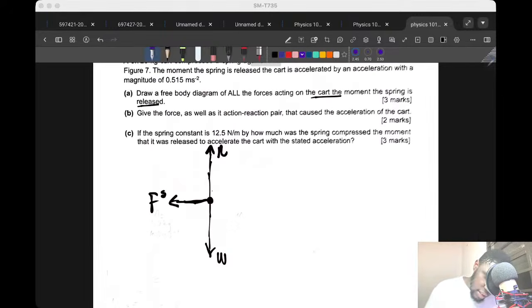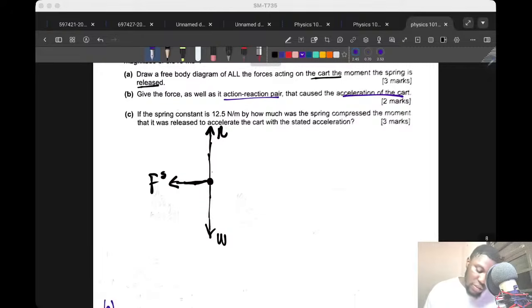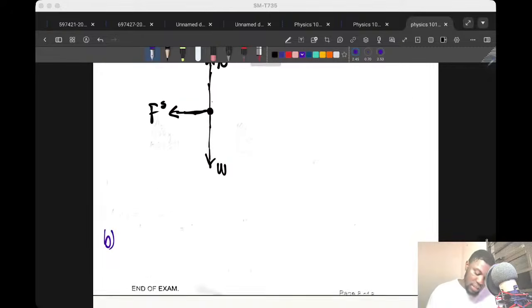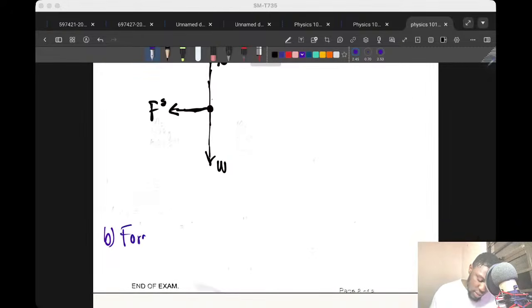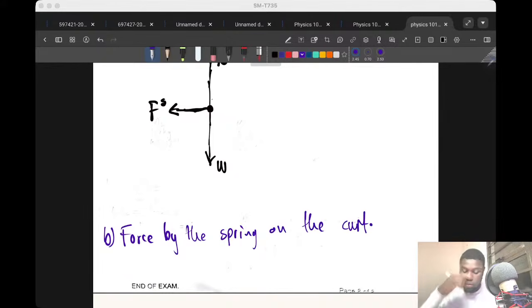Give the force as well as its reaction pair that caused the acceleration of the cart. Give the force that caused the acceleration of the cart. This is force by the spring on the cart.